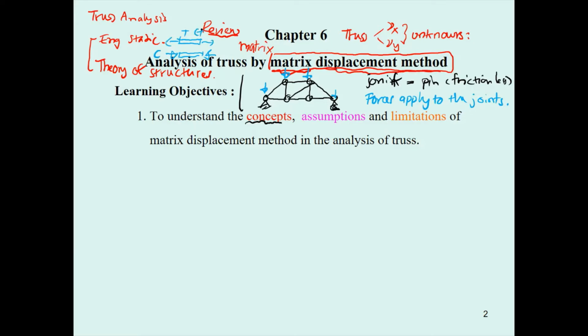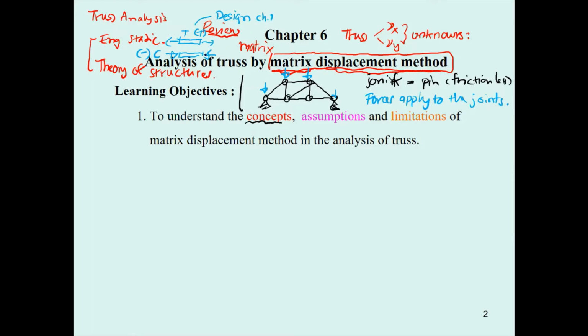When we say it's tension, usually we say it's a positive force, and compression we say is a negative force. When you study mechanics of materials, you study the design of the tension member in chapter 1.